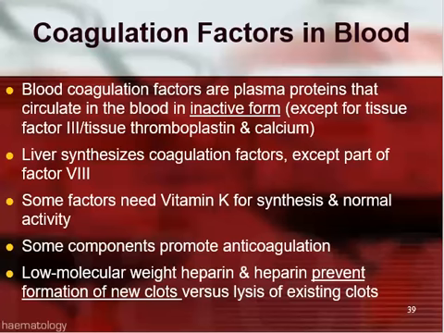And we're talking about the whole clotting cascade. So this is forming the clot and then removing the clot when it's no longer necessary, fibrinolysis. There are things like heparin that are used to prevent the formation of new clots, but they don't do anything to lyse the existing clots.